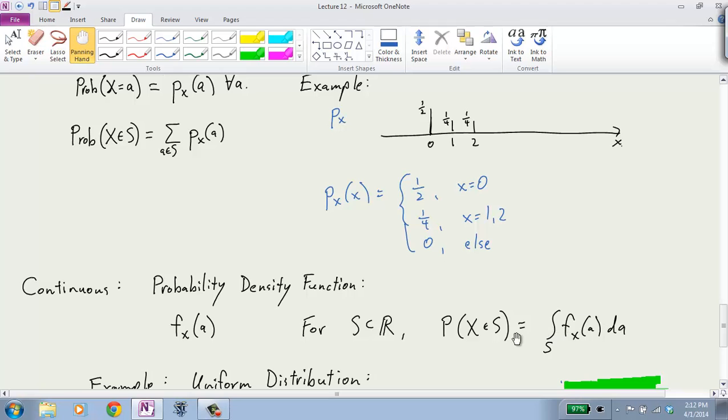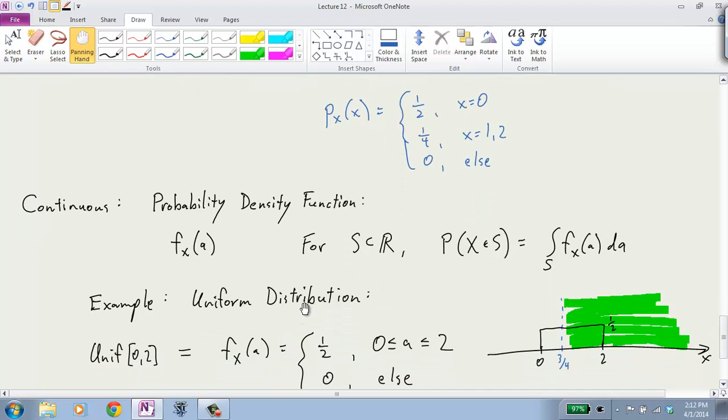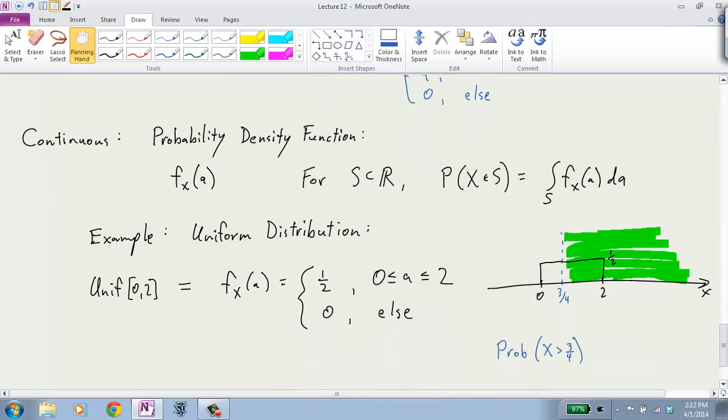There's a reason I couldn't say the first form of the statement for the continuous case. What would be the probability, for this example, the uniform distribution, that x equals 1? 0. It's not a half. The function is half at 1, but probability is not a half. In fact, it is 0 because if you integrate an isolated point, you always get 0.